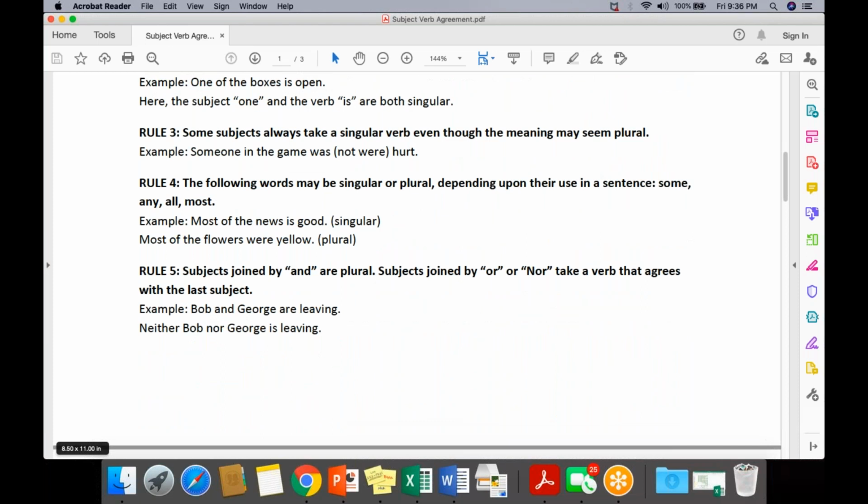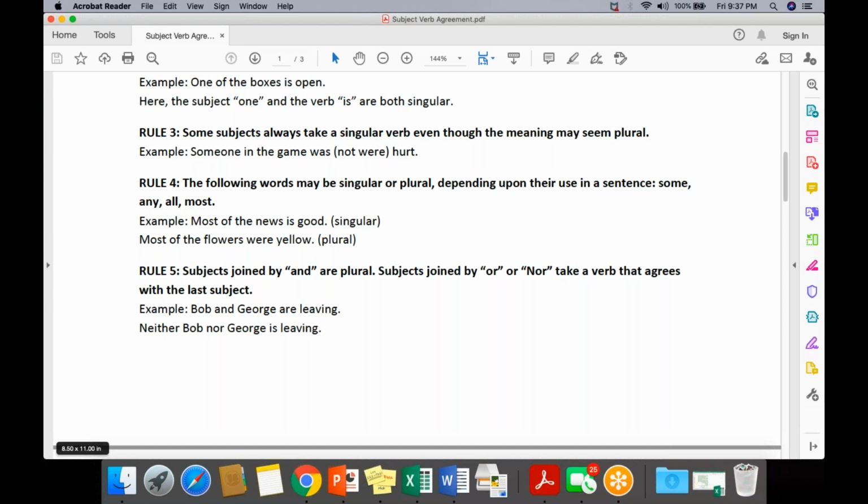Now, there are going to be cases where your subjects are joined by the word and. Bob and George, Ram and Shyam, Sita and Geeta. When my subjects are joined by the word and, I am going to treat them as plural.